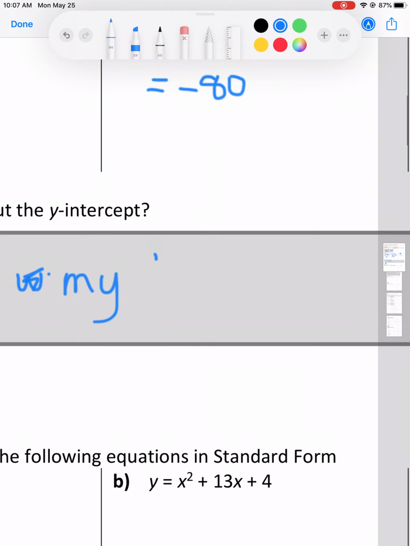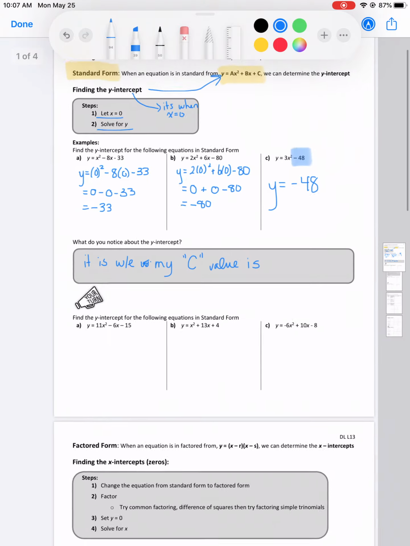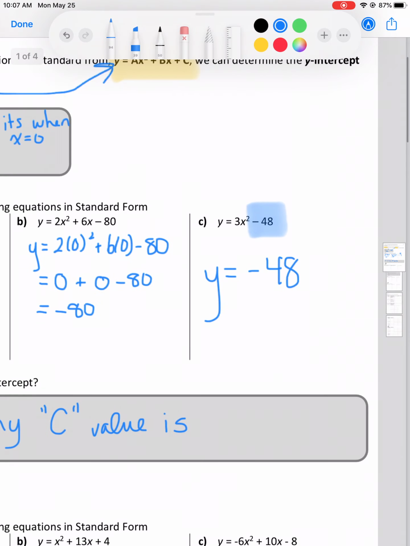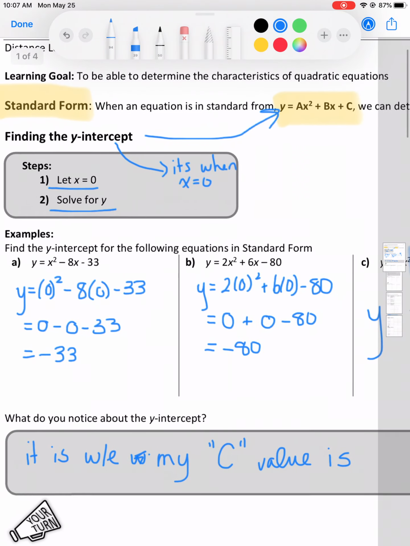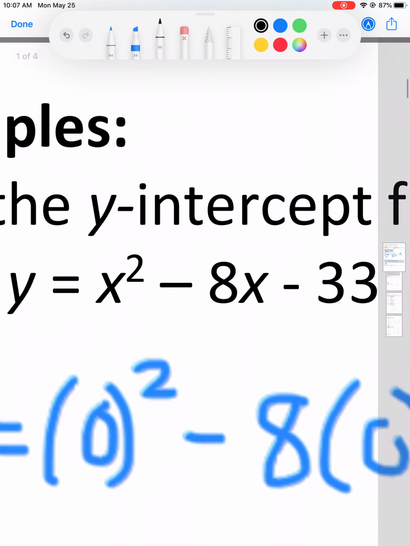And what do I mean by that? So remember, this is in standard form. I'm going to do this in pencil.